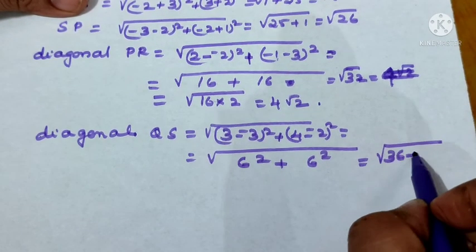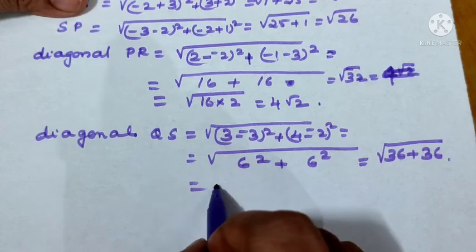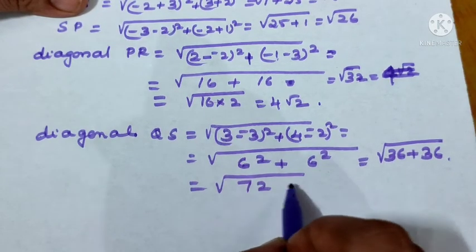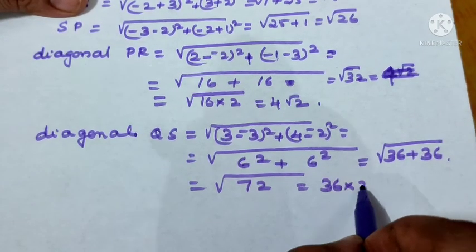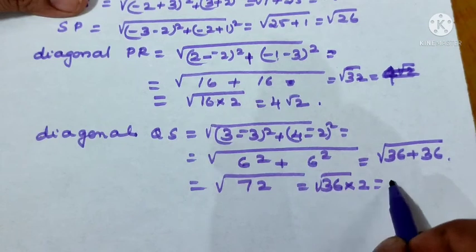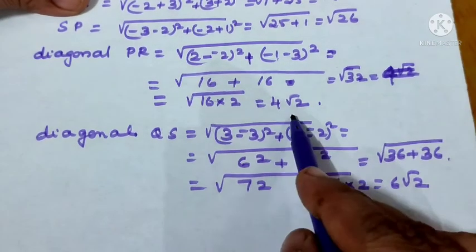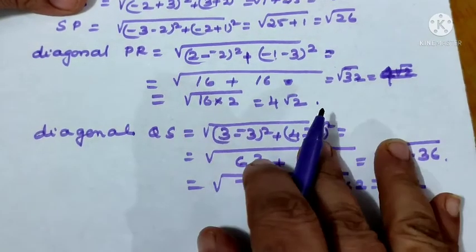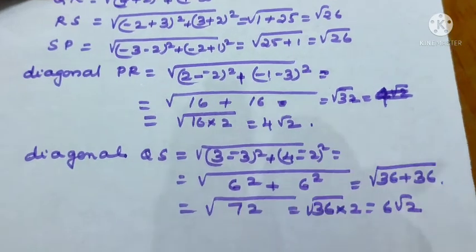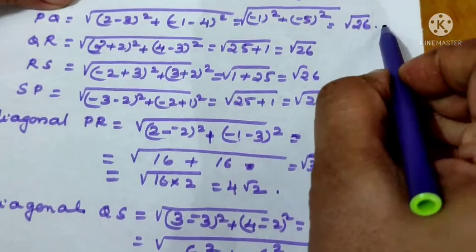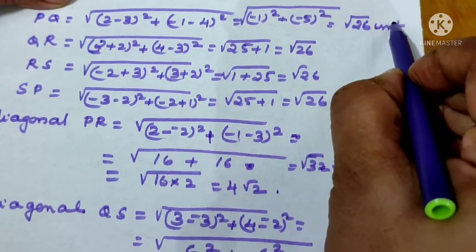So 36 plus 36 is 72, which is 36 into 2 under the root, meaning 6 root 2. So the diagonal lengths are different, one is 4 root 2 and the other is 6 root 2. One more point: since no measurement is given, you write units here.